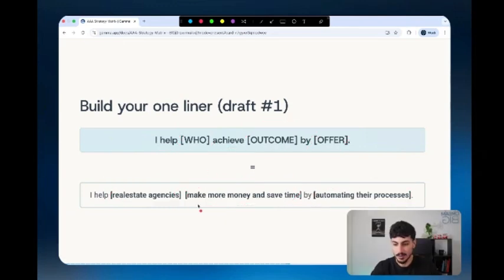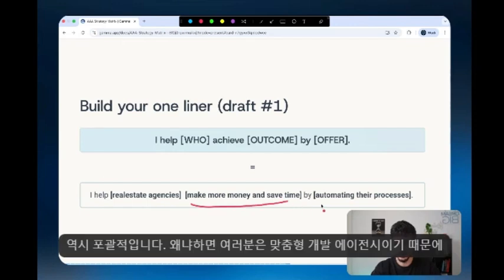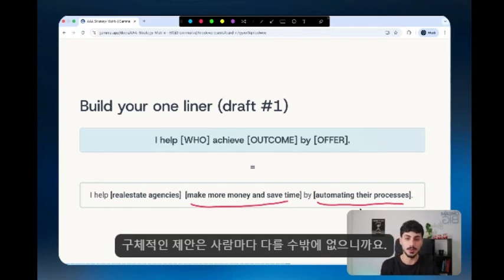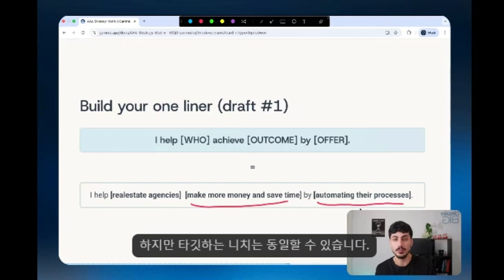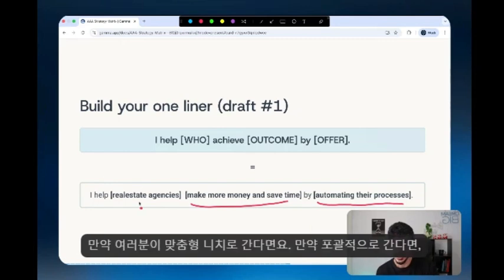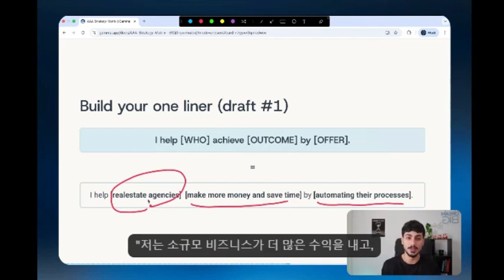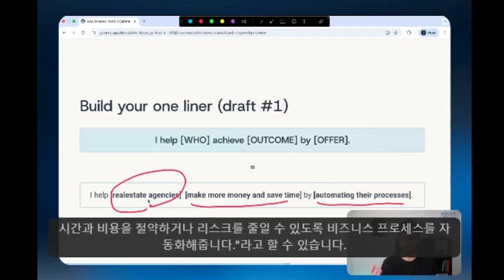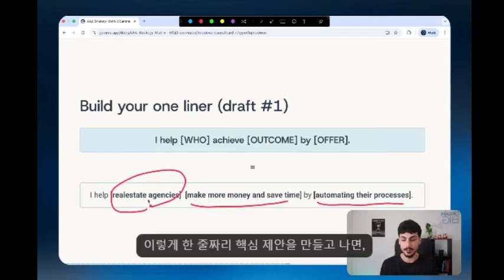And as you can see, make more money and save time is pretty broad, and automating their processes is also pretty broad, because you guys run a custom development agency and the specific offer will be different per person. But the niche that you're targeting is going to be the same if you decided to go custom niche. If you go custom broad, you might just say, I help small businesses make more money, save time, save money, or reduce risk by automating their business processes.